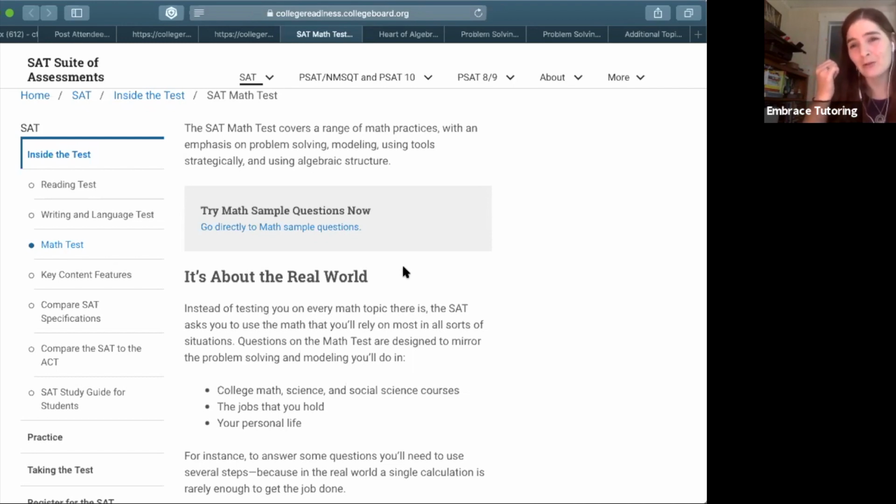Because chances are they're going to throw some additional information in there that's irrelevant, that you don't actually need, that is there just to trip you up, basically. They're including it to try to get you to think about doing something with more complex math than you actually need to solve the problem in most cases.